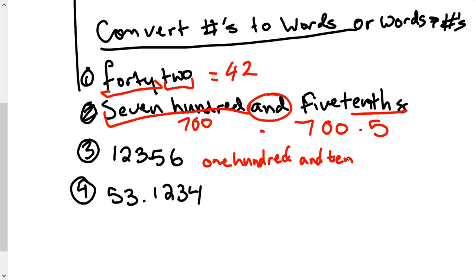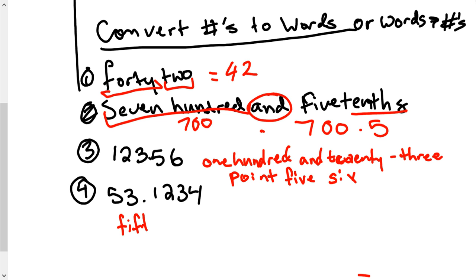23, 20-3, point 56. The other way that you can say this is that it's 123 and 56 hundredths. Either way is acceptable. In this one, you could say point 53.